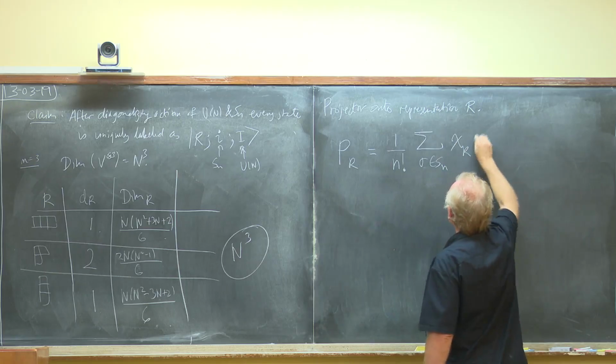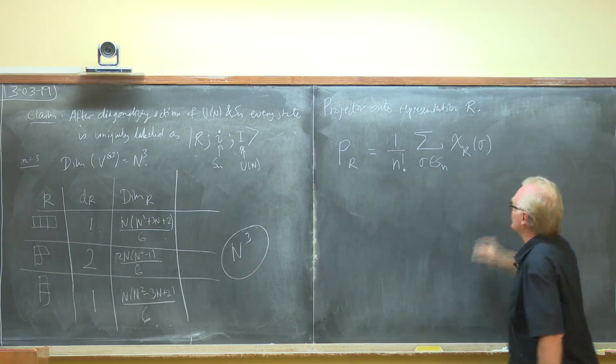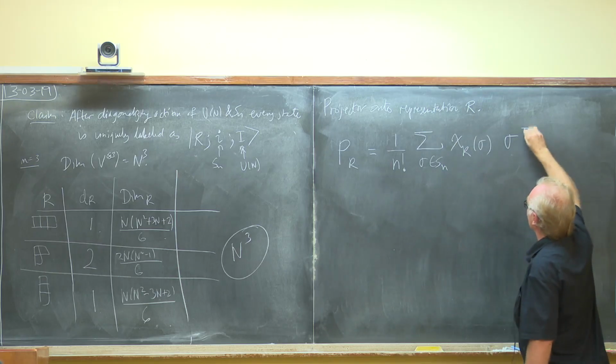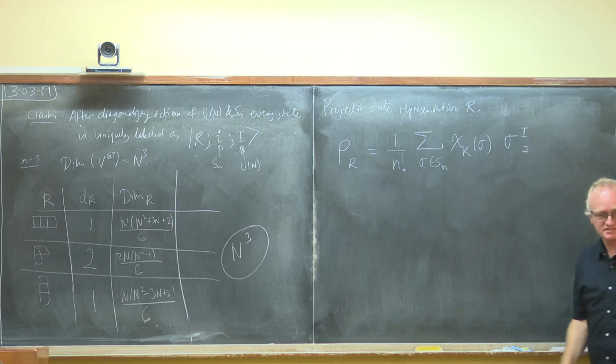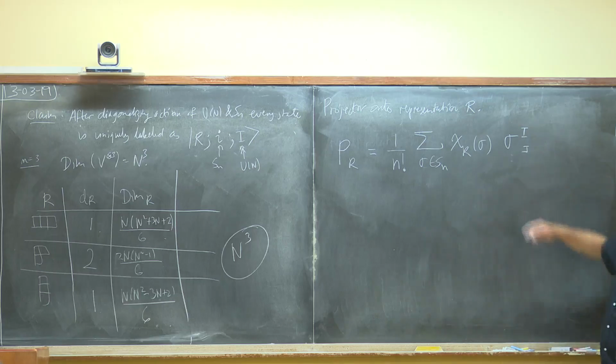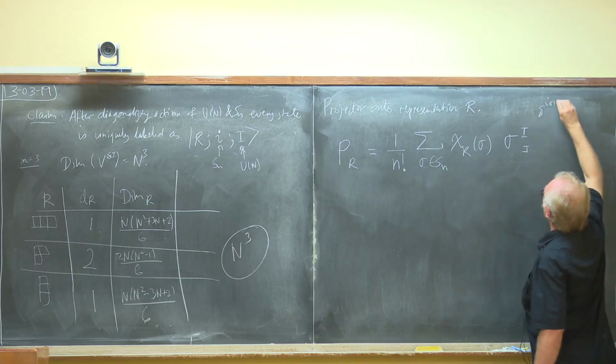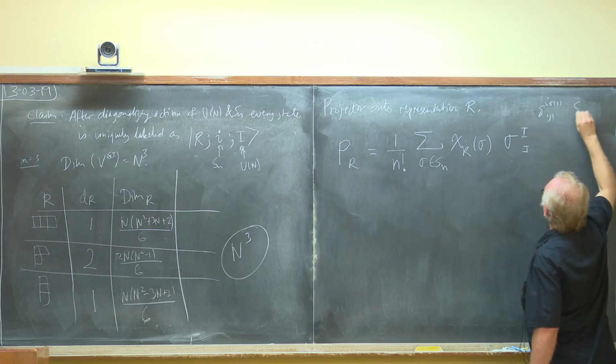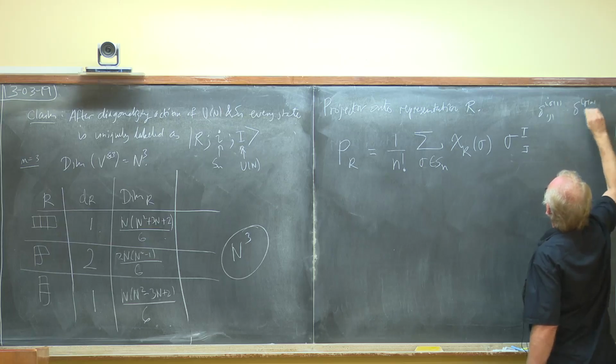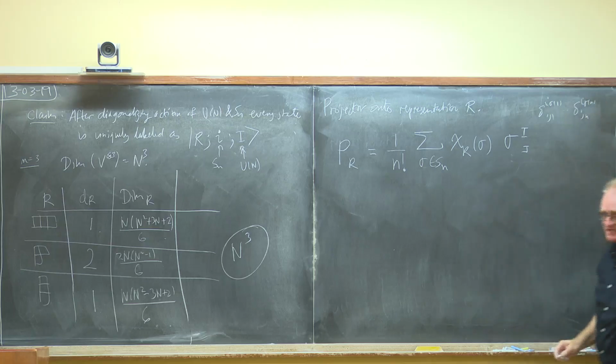We then have the character for sigma. And what we have sitting here, this is the sigma, this bunch of delta functions. Okay? The formula that we had before. So the delta I sigma 1, J1, and so on, delta I sigma n, Jn. So this thing will project us onto representation R.